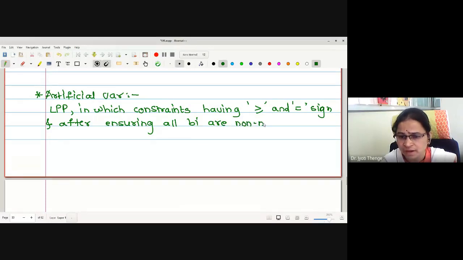We have to ensure this fact, otherwise we have a possibility of multiplying by a negative sign.